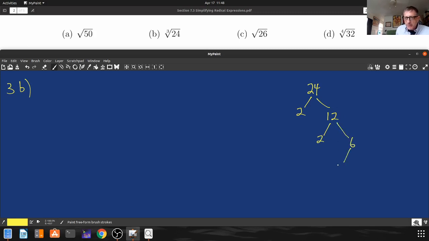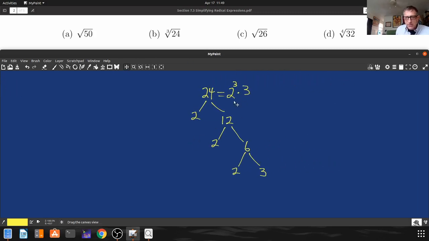And 6 divided by 2 is 3. So 24 is equal to 2 cubed times 3. But what I want to do here is notice my exponent, so let's come over here really fast. So this is my prime factorization.